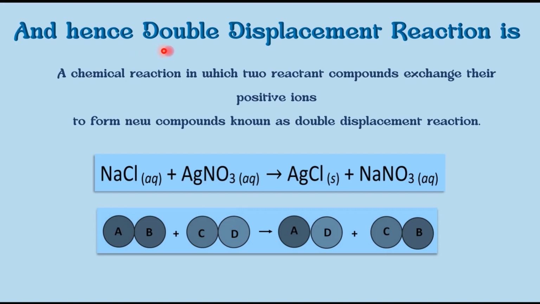Double displacement reaction is a reaction in which two reactant compounds exchange their positive ions and result in new compounds. This is what is known as double displacement reaction. The following chemical equations represent double displacement reactions.